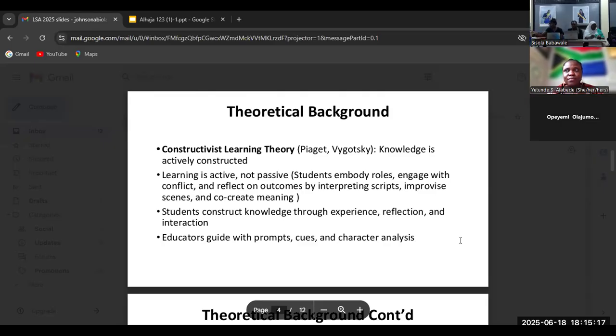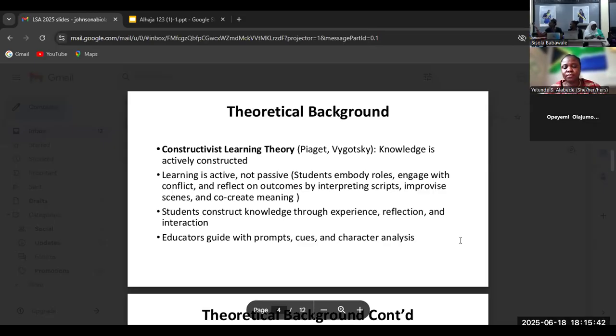So what is the goal of the educator at that point in time? He or she serves as the guide who prompts and cues the characters, or should I say the students. Why did I choose this theory? Because it helps students learn on their own. They do not just memorize lines, they internalize values and concepts.